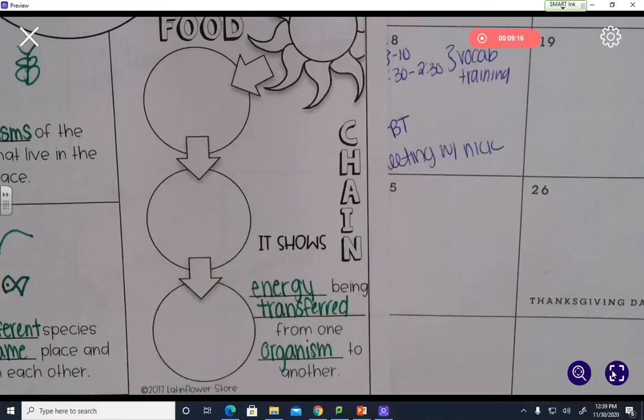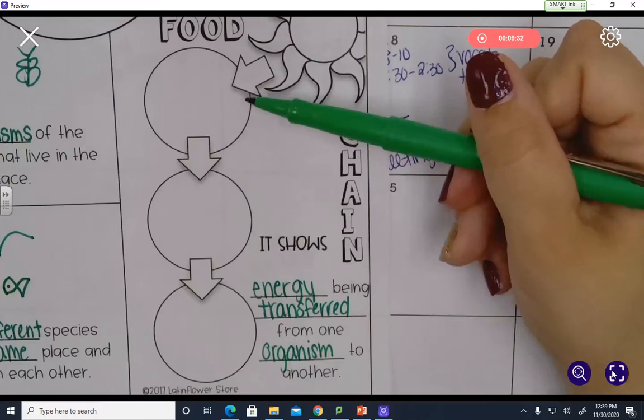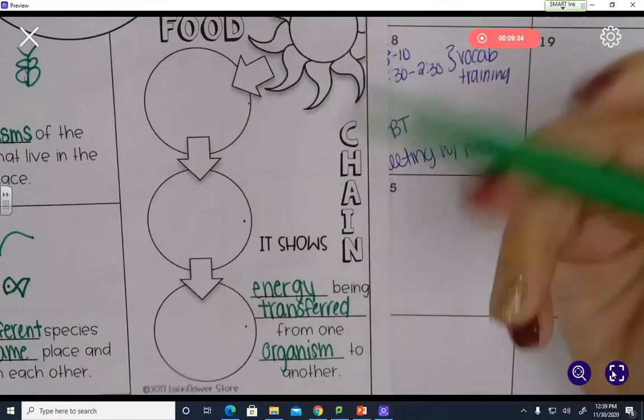And you guys have had a lot of practice with making food chains and food webs and things like that. You guys had to create a food chain for me, and then a week later you guys created that food web for me. So you are going to make one more food chain for me, and all you have to do is I want you to do a producer, a consumer, and a consumer.